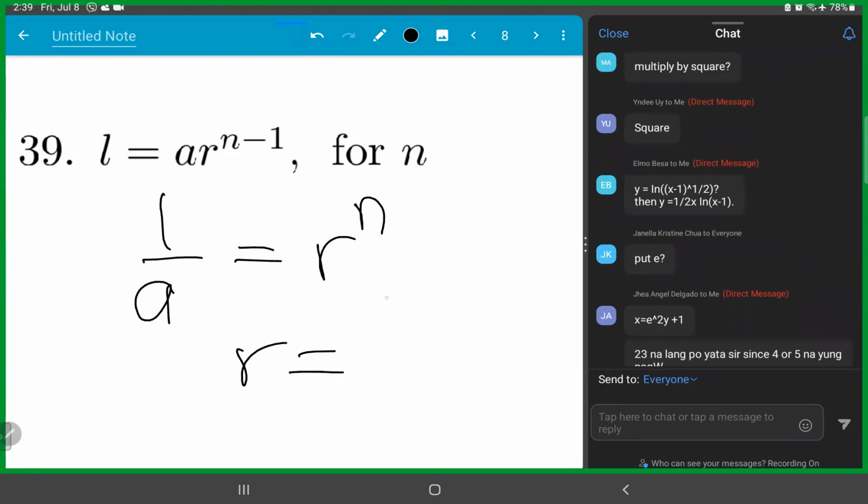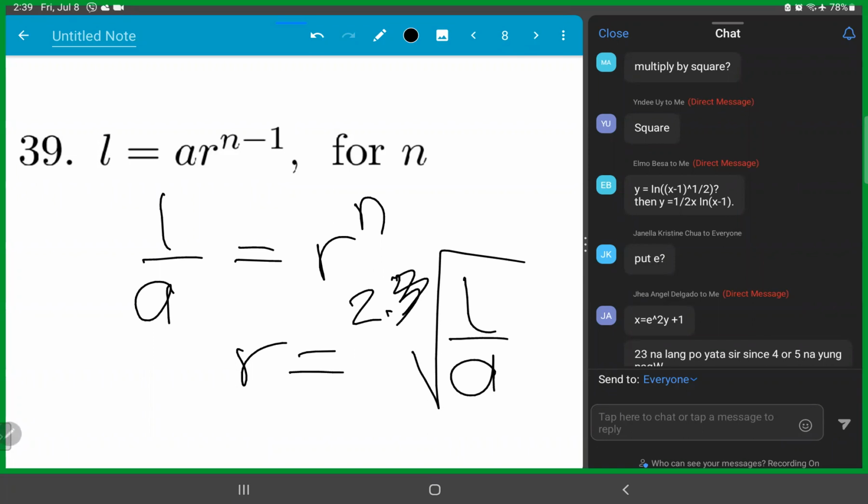Mag-e-nth root ka. Pero ang problema sa nth root, paano kung hindi yan integer? Ano bang 2.3 root? So, hindi applicable yung square root dito dahil yung n mo hindi sinabing integer or positive man lang.